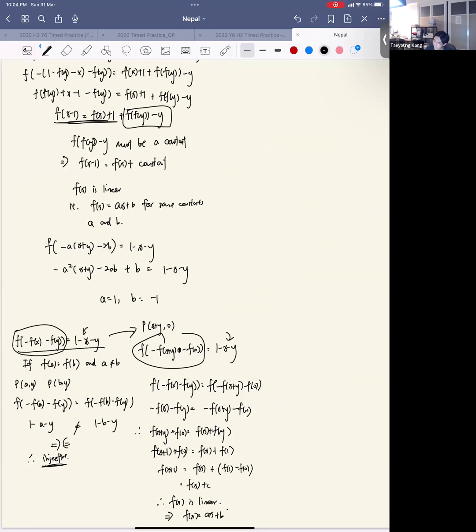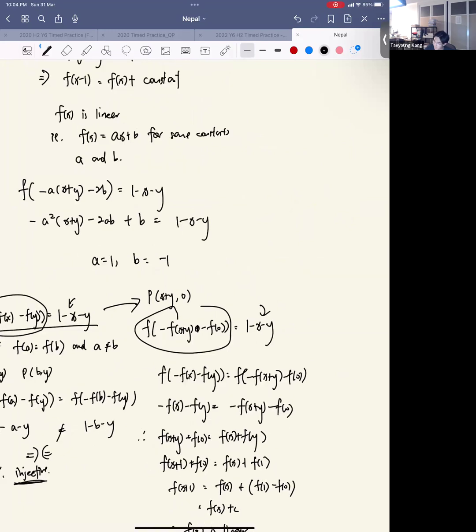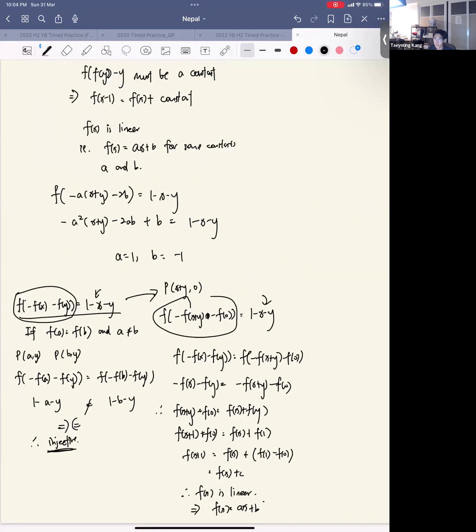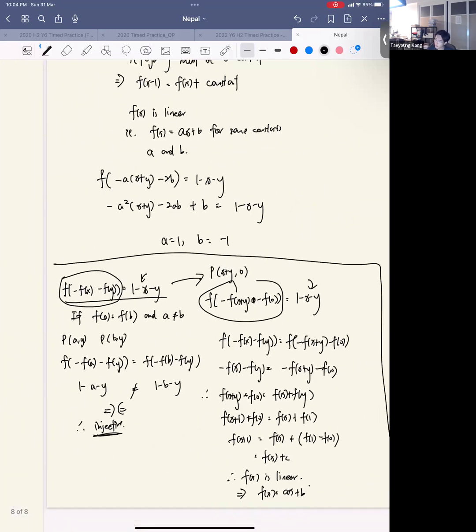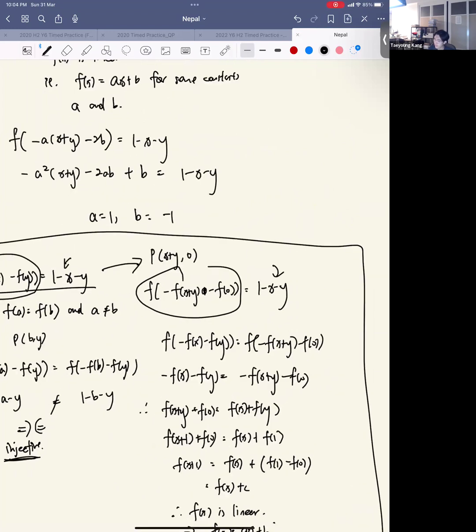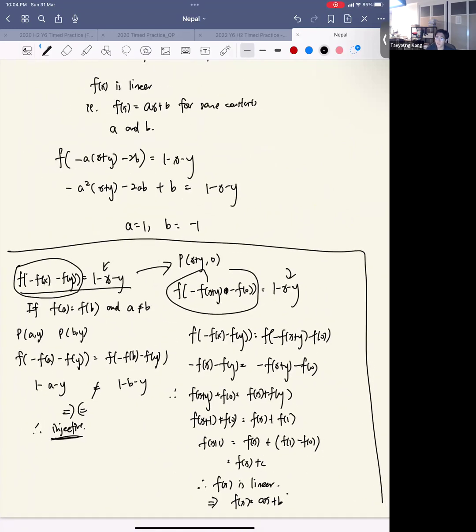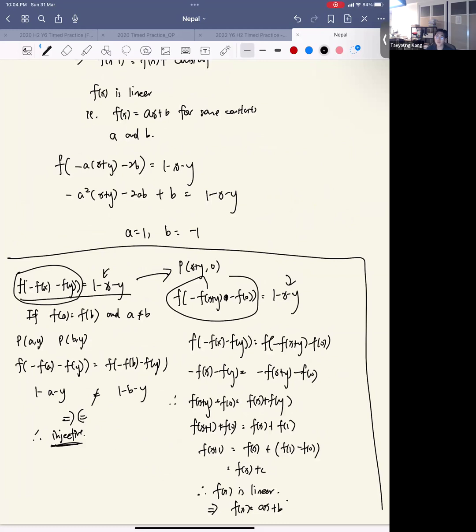So maybe to some of you guys, this is a more intuitive solution. Actually, I'd suggest you have this thought process when you're solving the problem. The idea should be: okay, is this injective, surjective? Oh, it is injective. Then how do I use a substitution that allows me to exploit the injective condition?